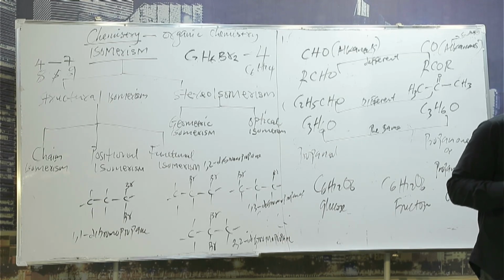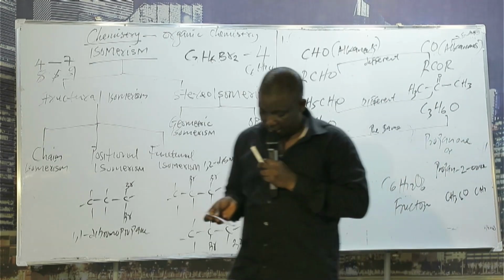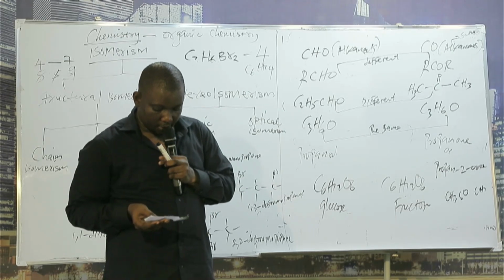You said this one is an isomer, but you forgot to add this one. Okay. He said that CH3CH2CH2OH has 2 isomers. Yes.